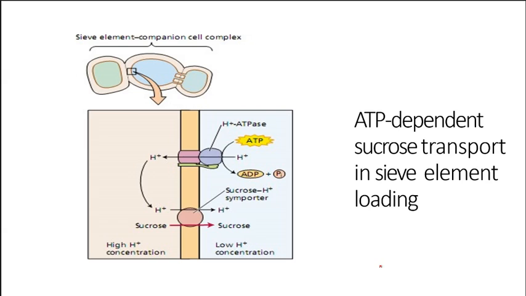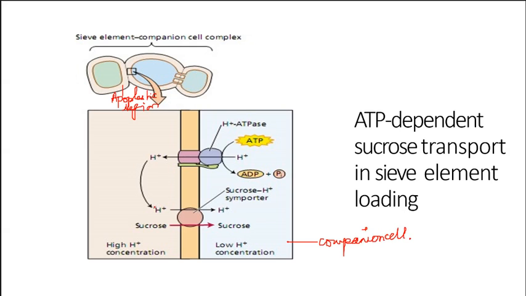So see here, this is sieve tube, sieve element companion cell complex. This is the apoplastic region. Okay, this is an apoplastic region. So here the pump is present which helps the transport of sucrose inside the companion cell. This is a companion cell region.